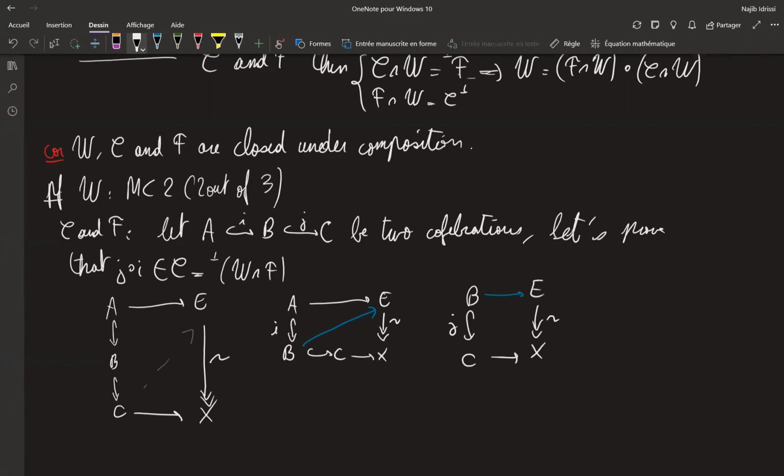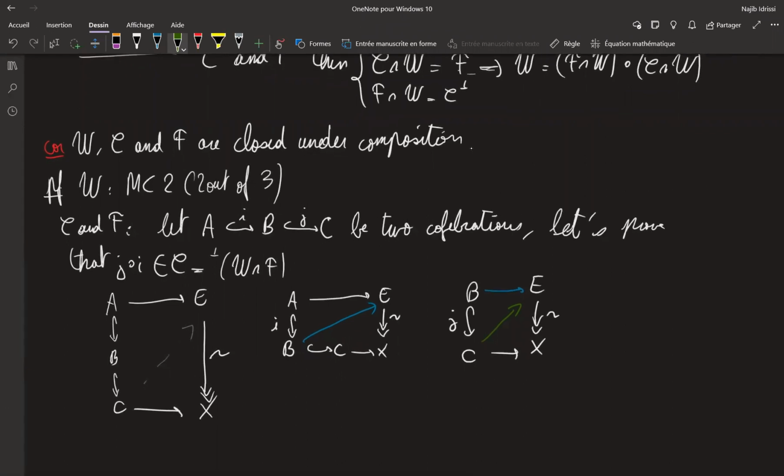This is J, this is I. And you can find a map like this, again using MC5. And now if you combine the two, you get a map from C to E, which is precisely the map you wanted here.